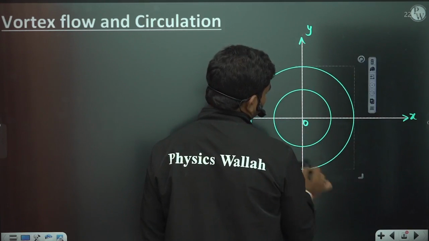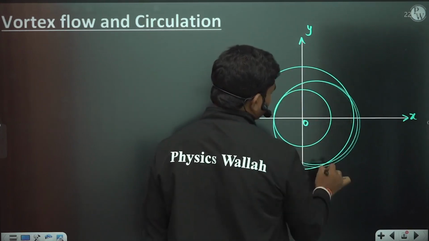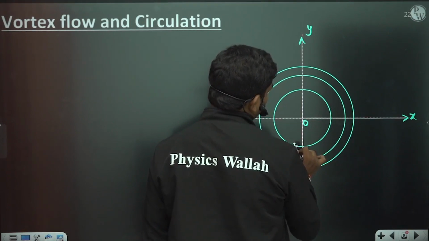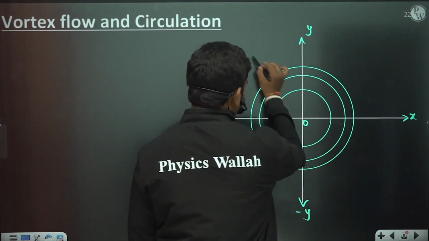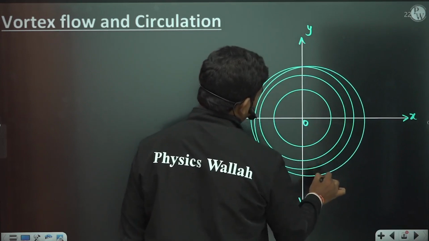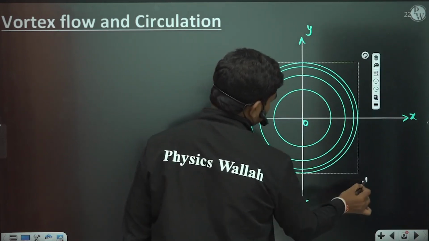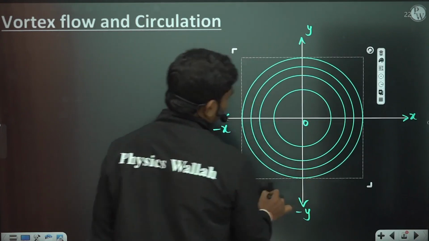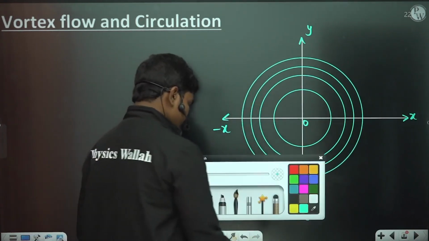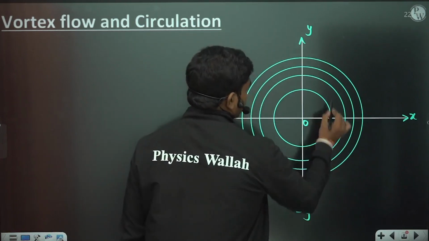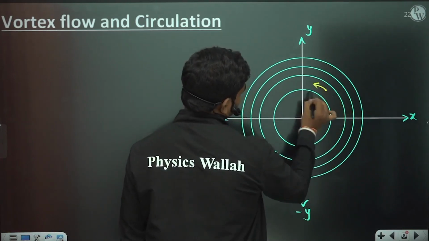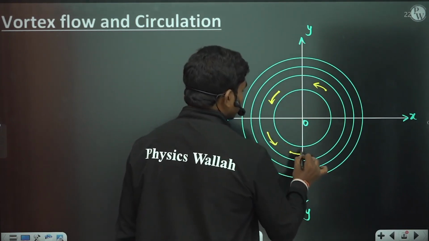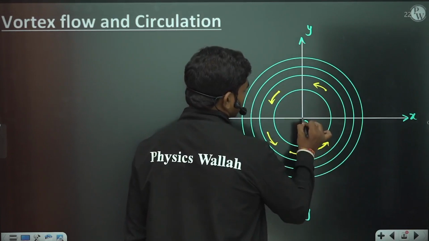Okay, particles are rotating, revolving in some circular paths. Let us suppose particles in this vortex flow are revolving in this particular direction. For example, there are some fluid particles which are revolving about this center. It's a vortex about this point.